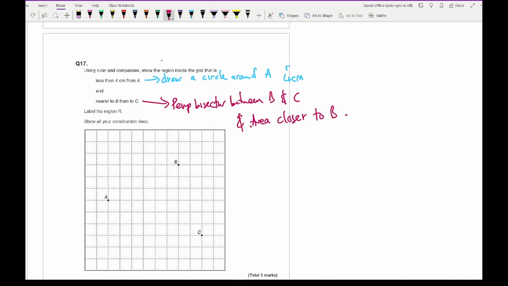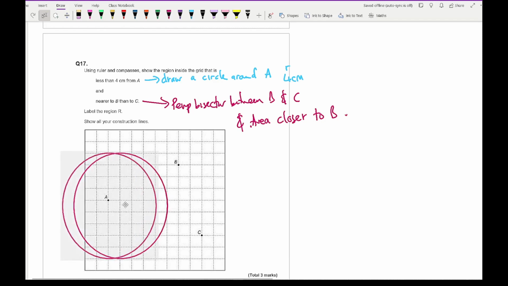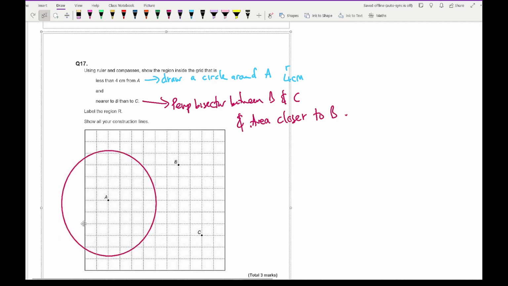So what your diagram should look like, and again, this is not going to be the best, is a circle of 4 centimeters. Try and get that in the center. So something looks like that.